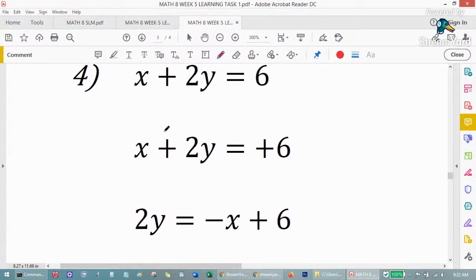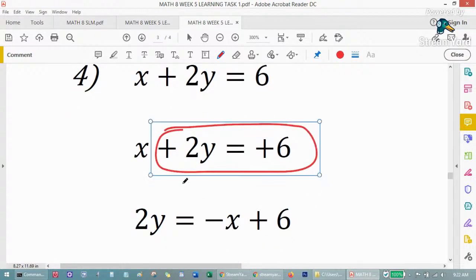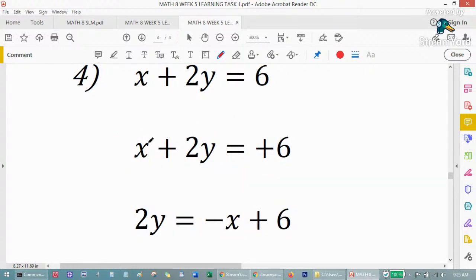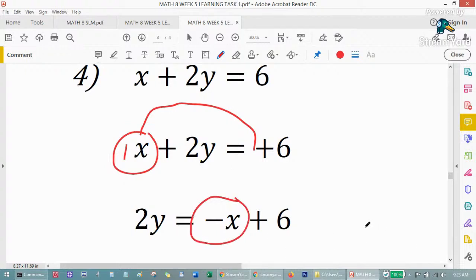And then, kokopyahin natin ng 2y is equal to positive 6. And then, itong positive x na to, ililipat natin doon sa position na yun. So, magiging negative. Kasi, x, paglipat sa kabila, yung positive x, magiging negative x.